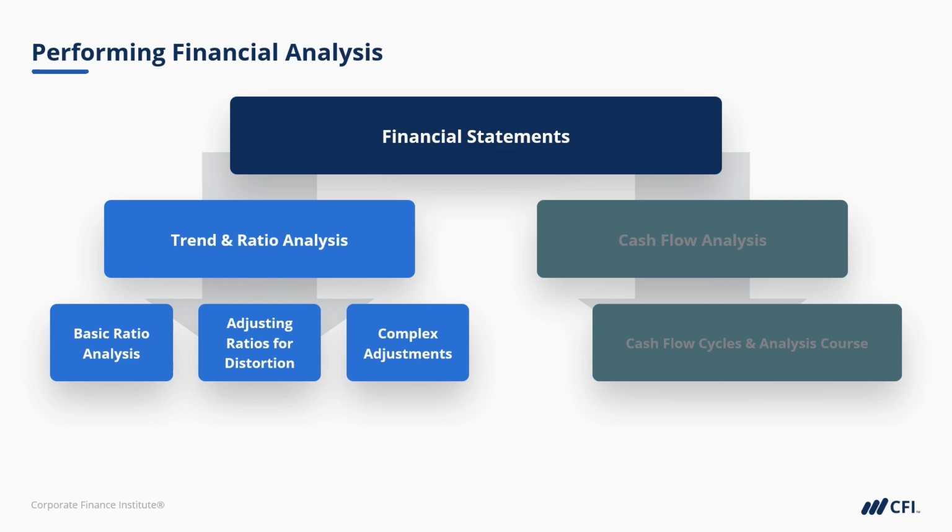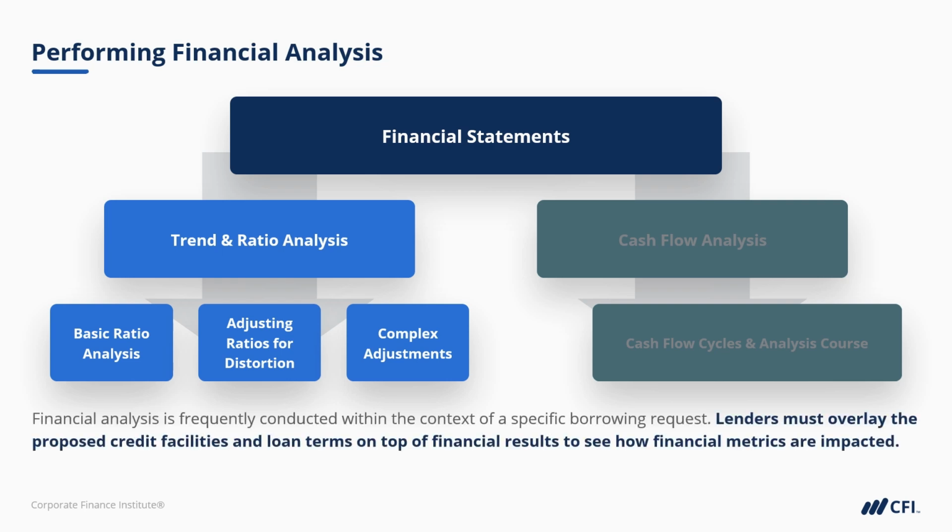For example, financial analysis is frequently conducted within the context of a specific borrowing request. In order to assess the viability of that borrowing request, lenders must overlay the proposed credit facilities, things like operating lines, term loans, commercial mortgages, and so on, as well as their terms, like rate and amortization, on top of financial results in order to see how important financial metrics are impacted by adding this debt to the balance sheet.